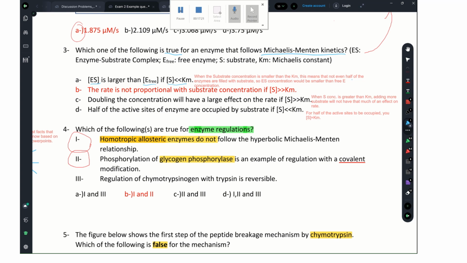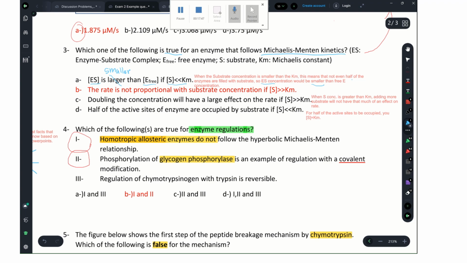When the substrate concentration is smaller than the Km, this means that not even half of the enzyme binding sites are filled with substrates. So the enzyme substrate concentration would be smaller than the enzyme concentration alone. But here it's saying that it would be larger, so that's not the case. It would actually be smaller.